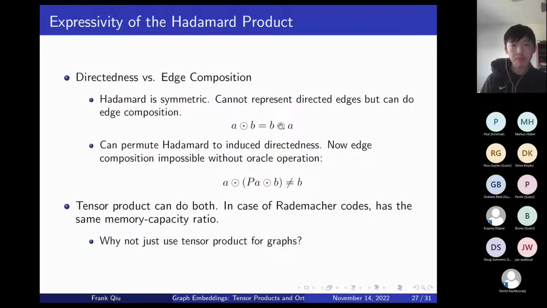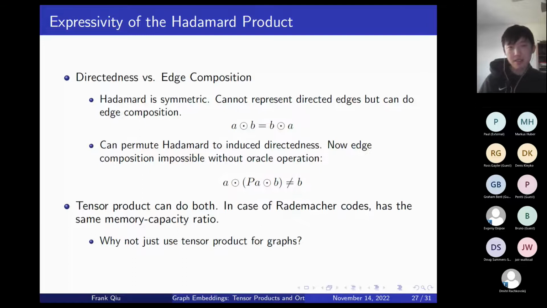However, to induce directedness, we can permute one argument. But if we do permute one argument, now this makes edge composition impossible without knowing beforehand A. Like if we unbind by A, then we need an oracle operation where we know, oh, A is in this edge, so maybe I permute A on this left-hand side. So there's a fundamental tension for the Hadamard product between directedness and edge composition.